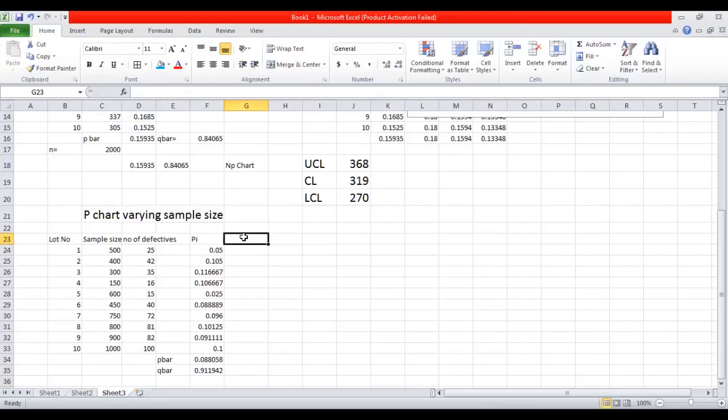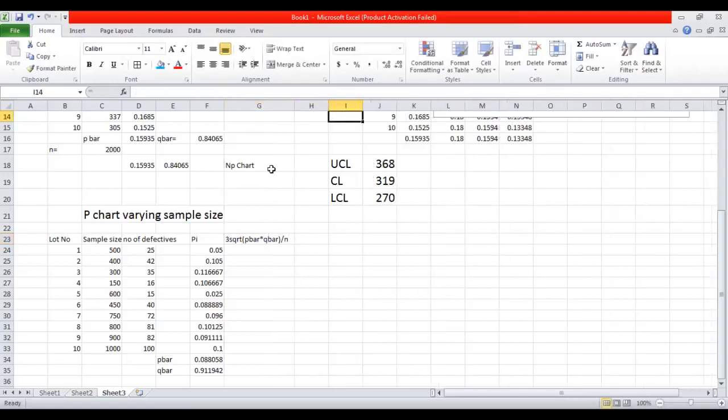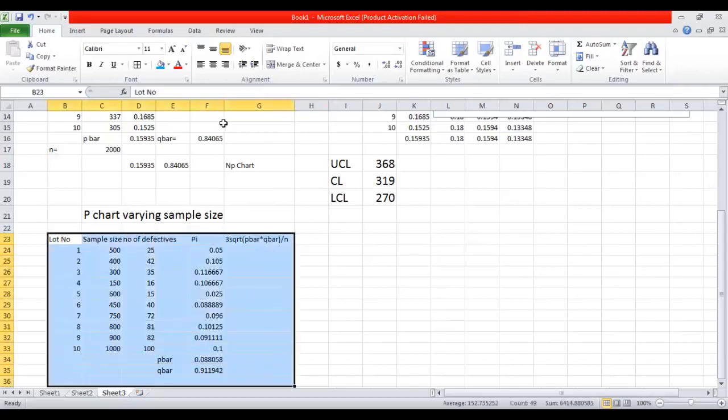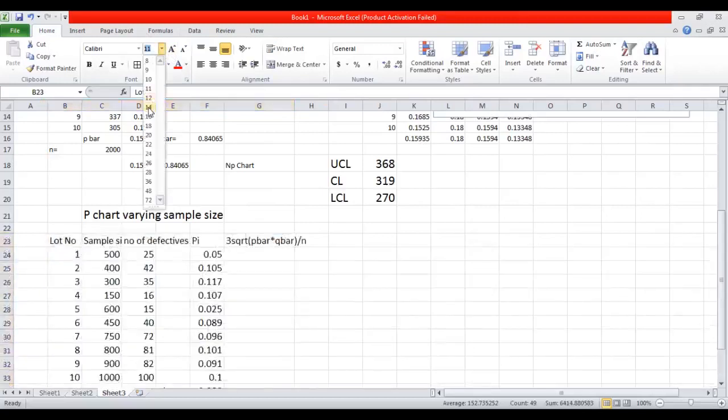First I'll find the value of 3 into square root of P bar into Q bar by N value, so that it will be easy to find the UCL and LCL values.